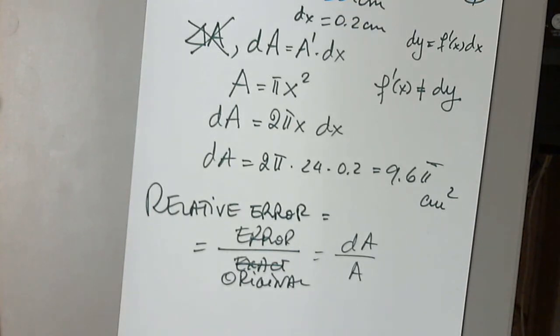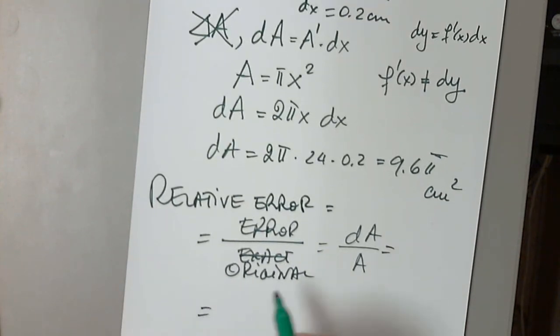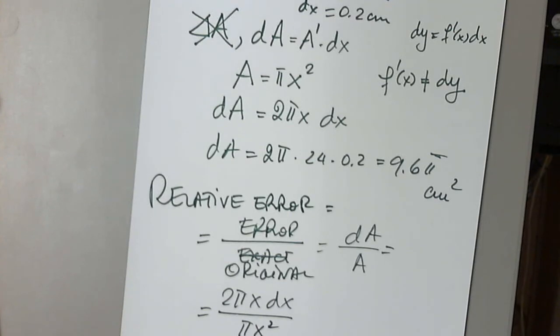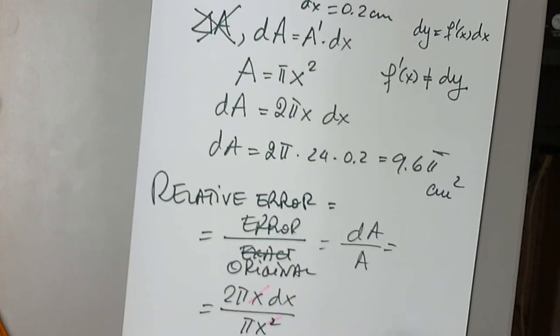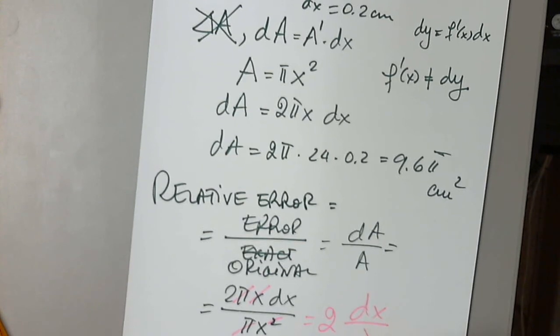Now, before I put the numbers in, I would like to write 2 pi x dx divided by pi x squared. Why? You'll see in a moment why. I simplify by x, I simplify by pi, and I get twice dx over x.